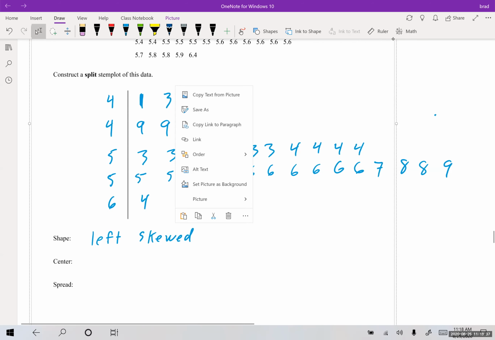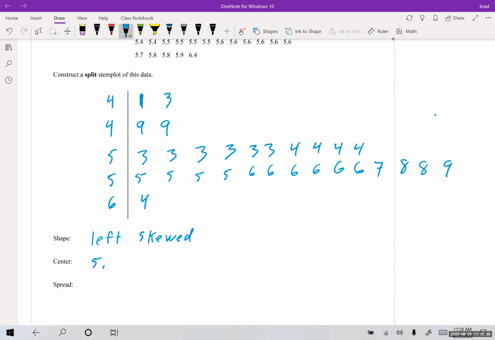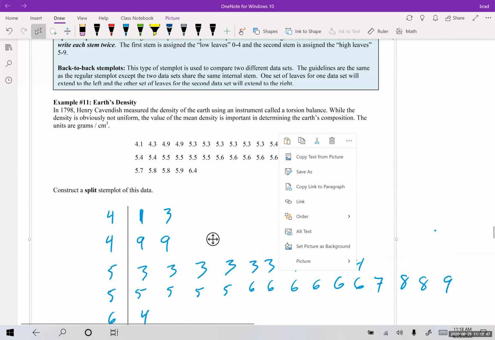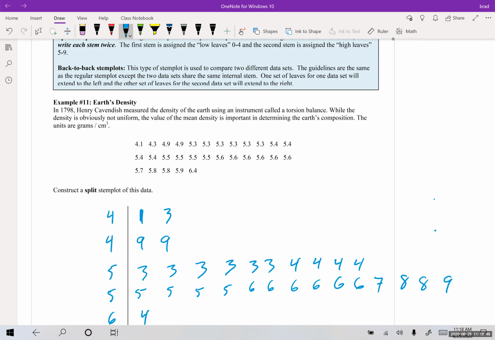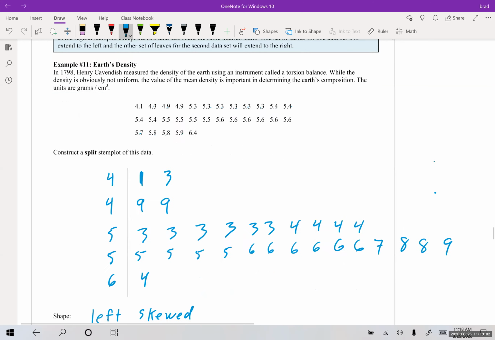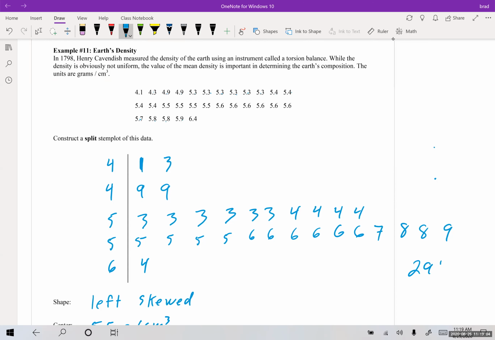And then the center would be 5.5 grams per centimeter cubed. And what we do is, how many data values were there? 29. So we're going to do 29 plus 1 divided by 2, which is 15.